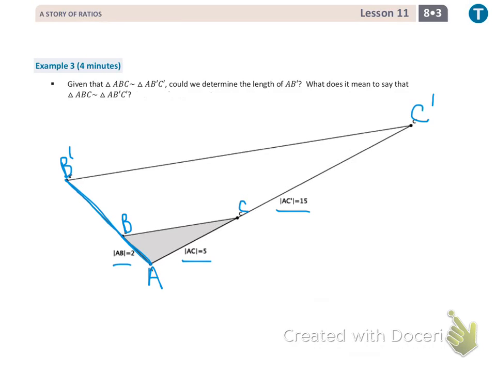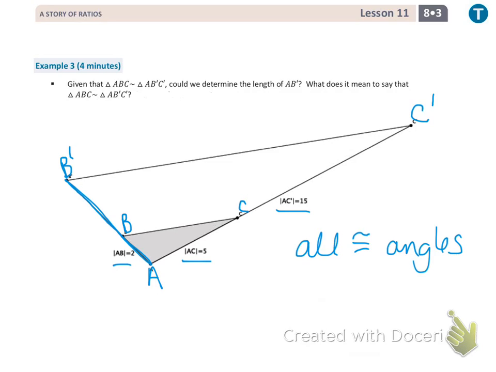What does it mean to say that triangle ABC is similar to triangle A, B prime, C prime? So in order for these two triangles to be similar, we need to have all congruent angles.